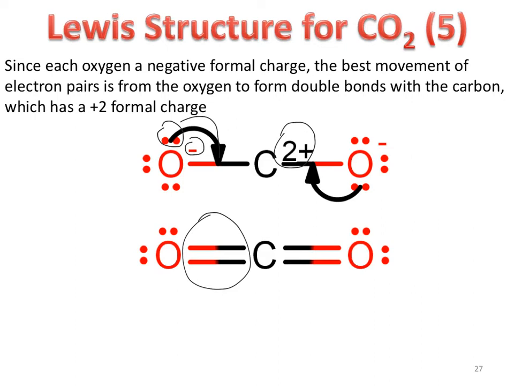And we can also, because there is a 2+ charge, reduce this negative charge by moving a lone pair of electrons to create another double bond in the middle, resulting in a structure that looks like what we would think carbon dioxide would look like, with carbon having 2 double bonds, 1 to each oxygen.